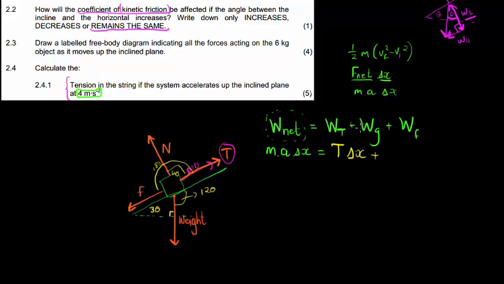Plus, now the work done by gravity is mass times gravity times delta x. I always forget my delta x. Please don't you also do that. Mass times gravity gives you weight, that's the force we're talking about here, times displacement, times the angle between them, that's cos of 120.